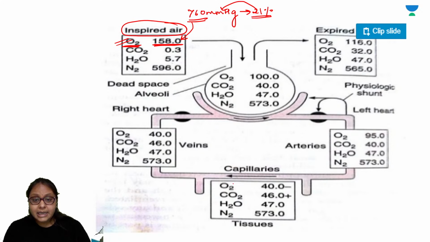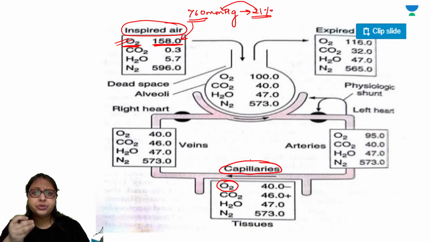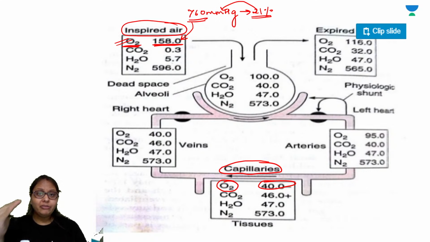But we see that the oxygen reaching the capillaries, at the tissue level, is only 40 millimeters of mercury. Now, why is there a fall in the partial pressure of oxygen from the inspired air to the tissue level?